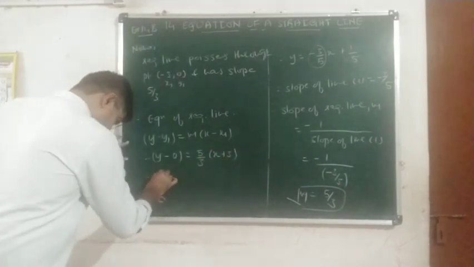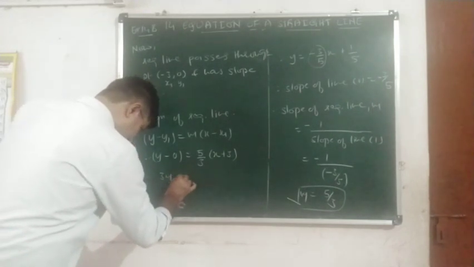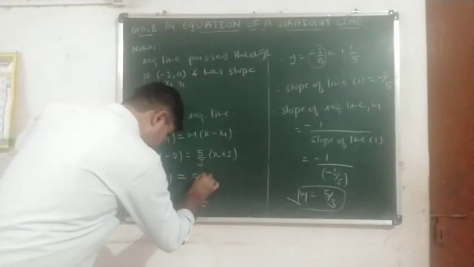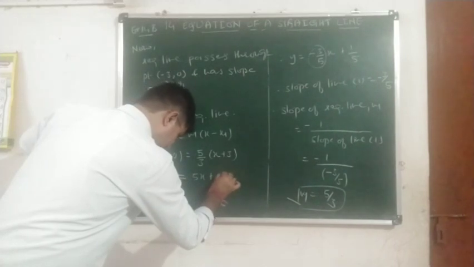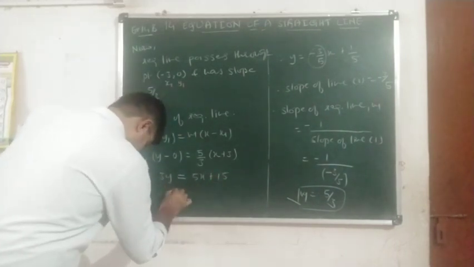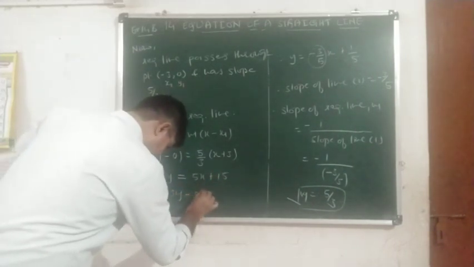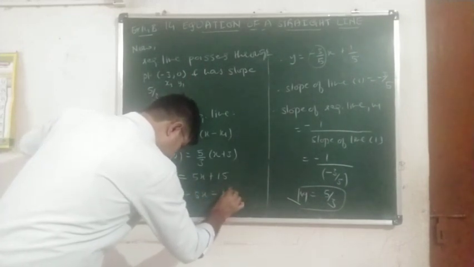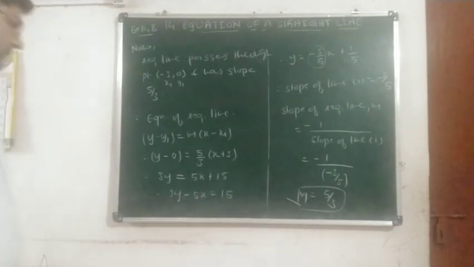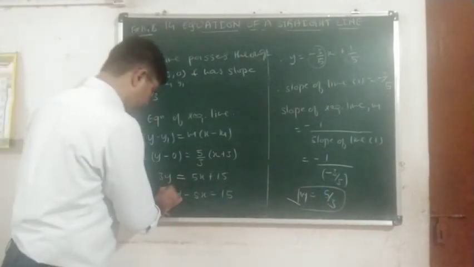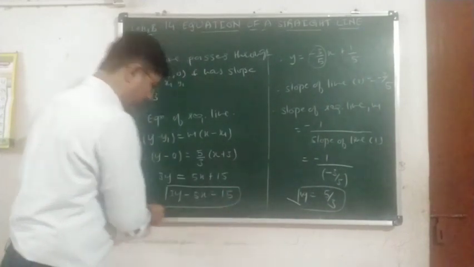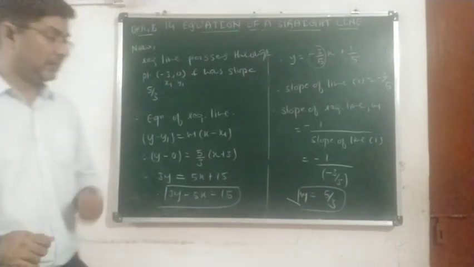So simplifying, 3y equals 5x plus 15. Therefore 3y minus 5x is equal to 15, or 5x minus 3y plus 15 equals 0. Anyway you can write. So this is the equation of the required line. Clear?